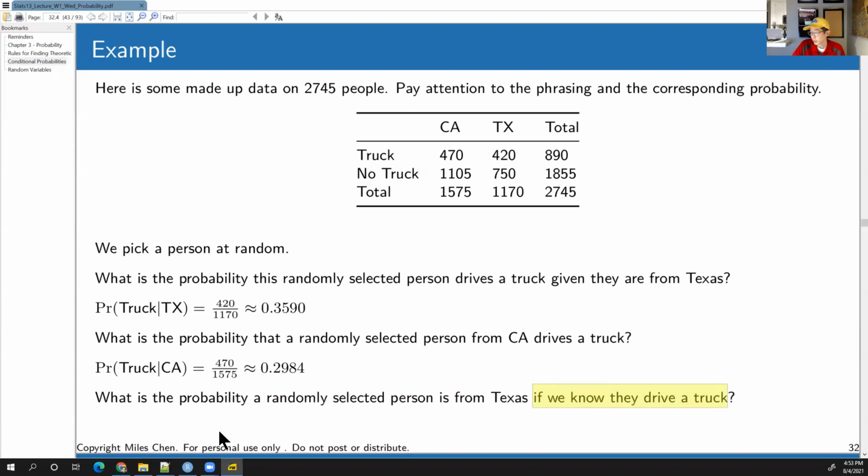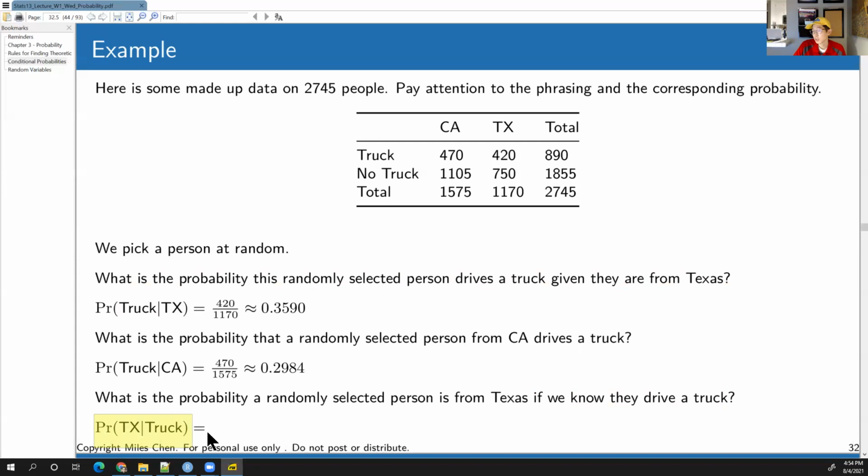So here, the given part is that they drive a truck, and we're asking what's the probability that the person is from Texas. So it's going to be the probability of Texas given truck, right? I want to make sure that we can distinguish between probability of truck given Texas versus probability of Texas given truck, because the answers are going to be very different.